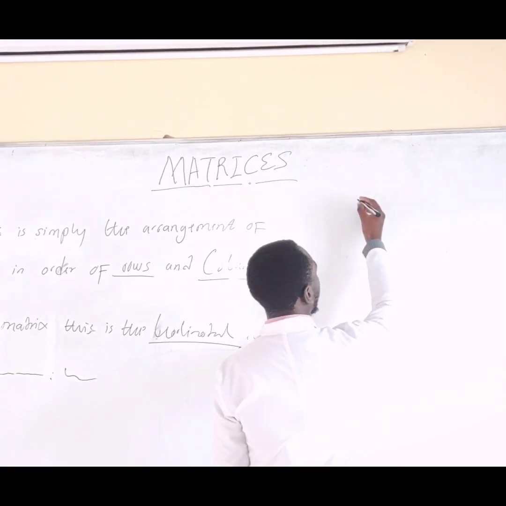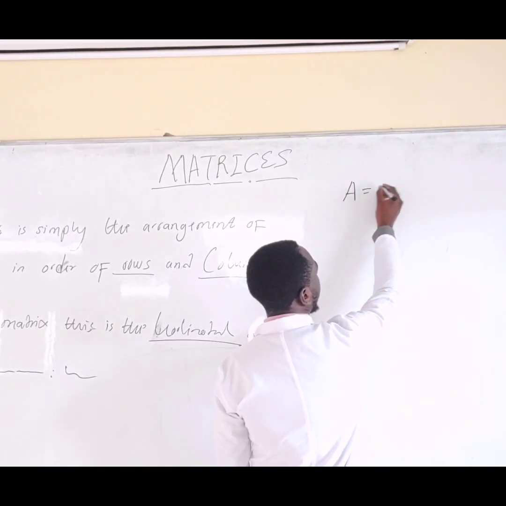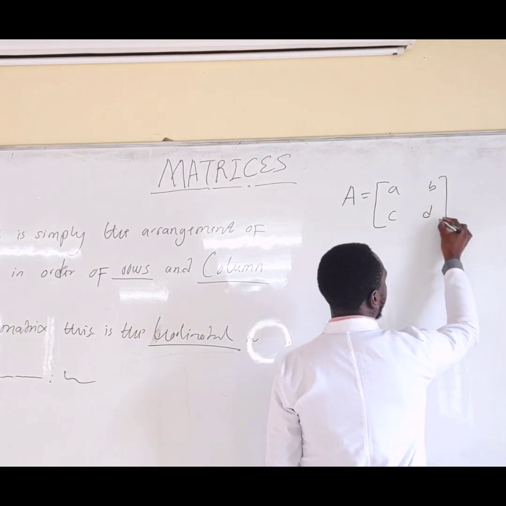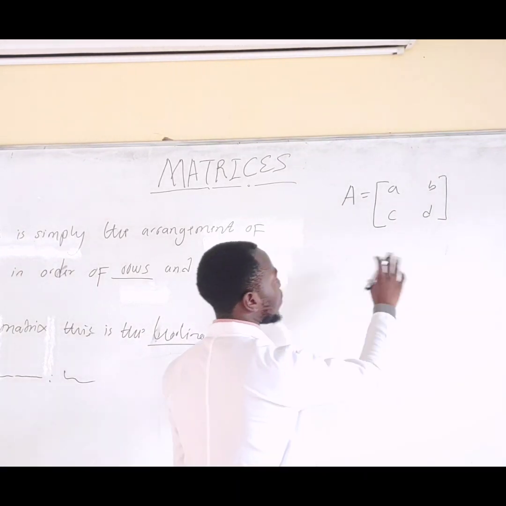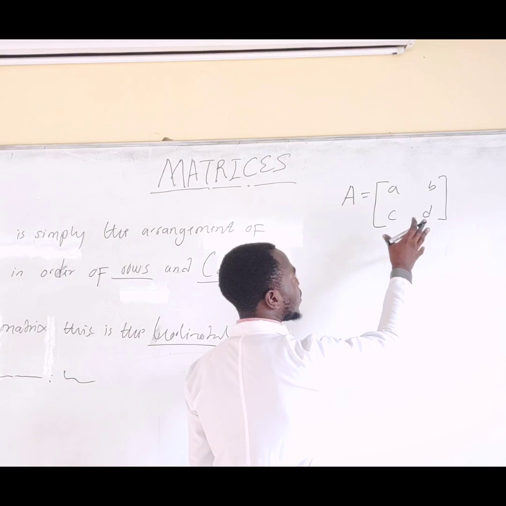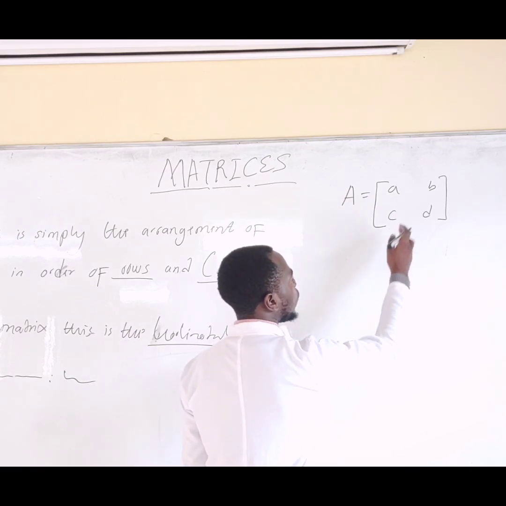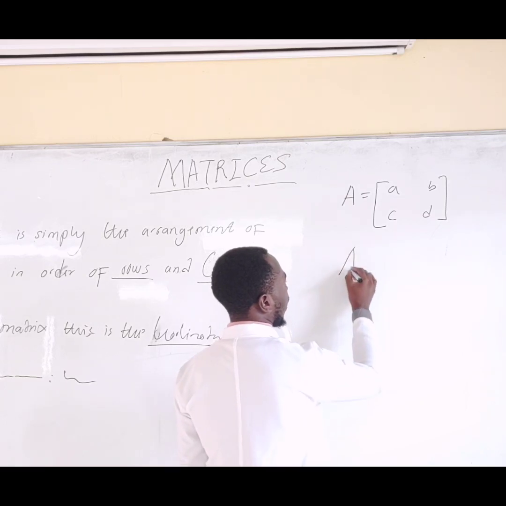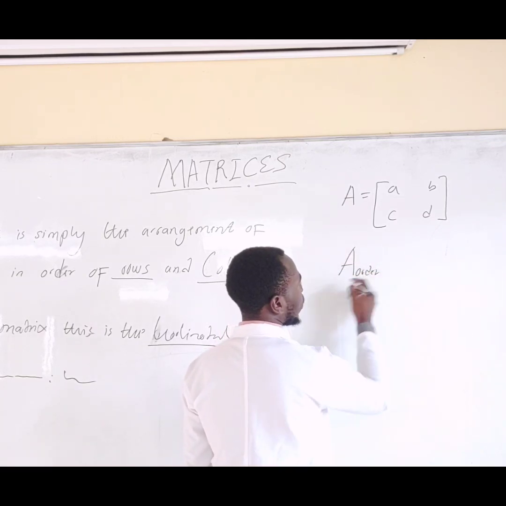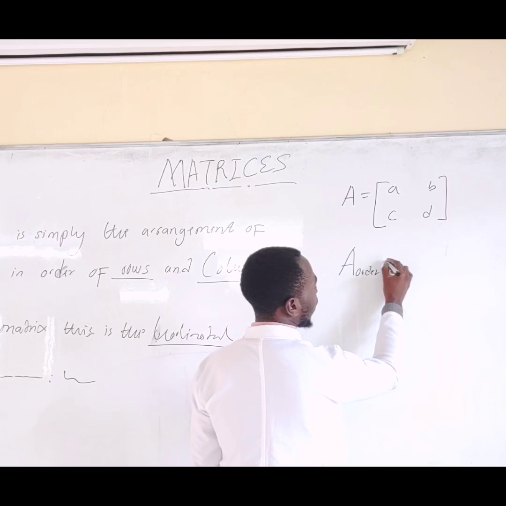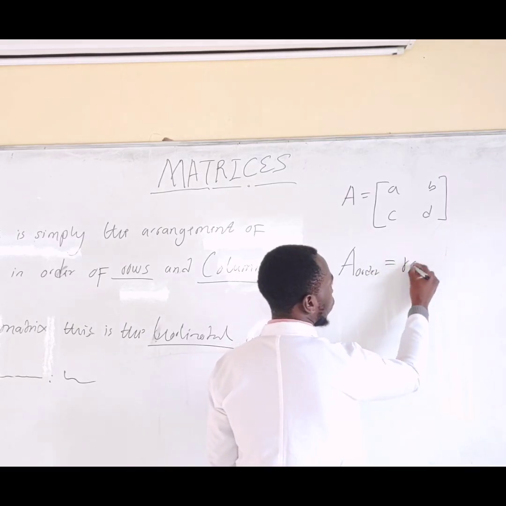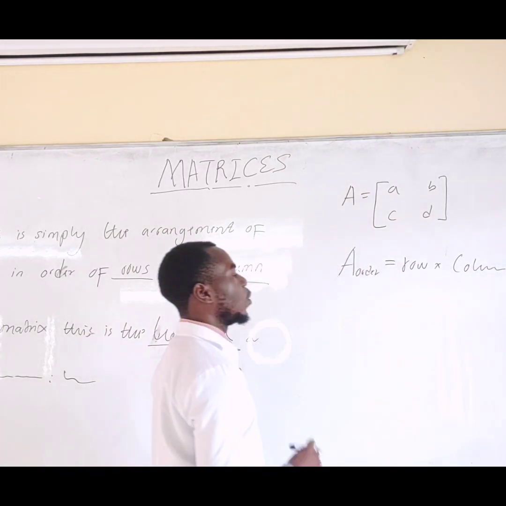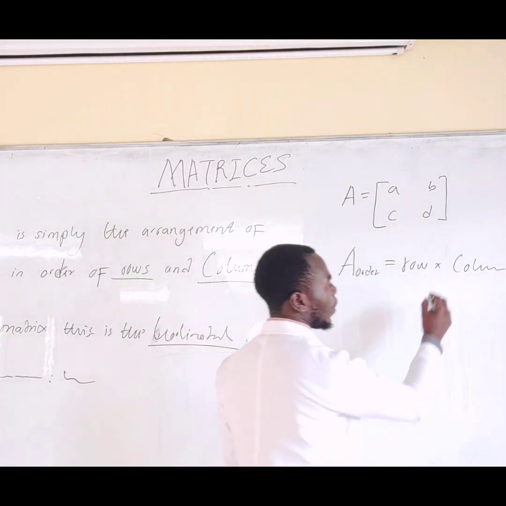So let's say matrix A is equal to A, B, C, D. Those elements are arranged in the order of rows and columns.